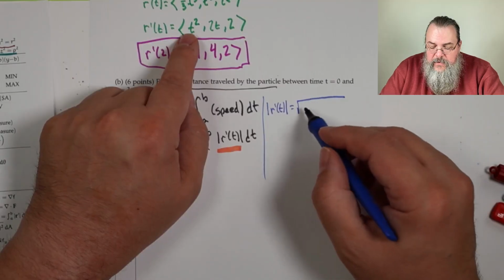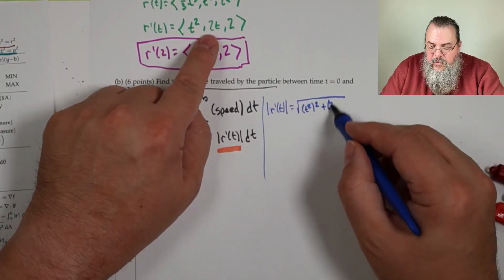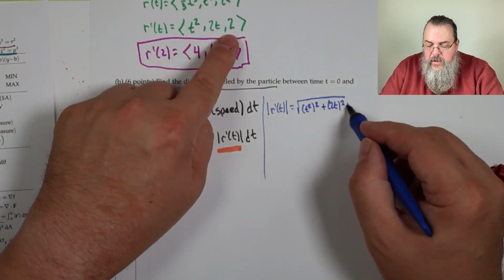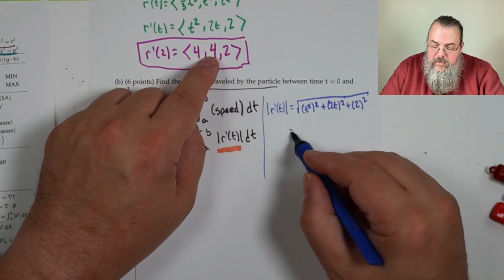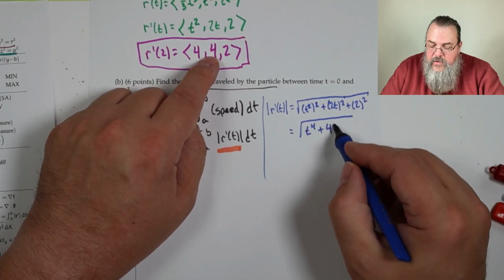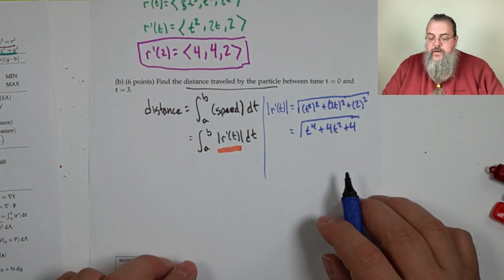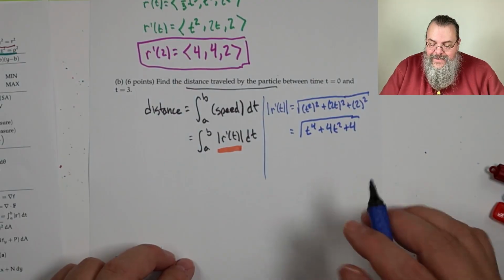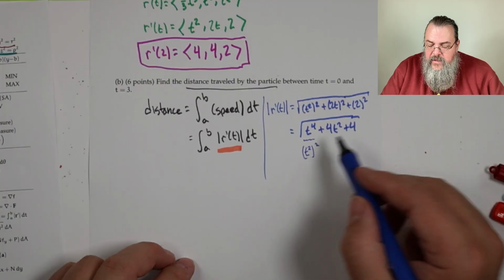So square root of, we square the first entry, plus square the second entry, plus square the last entry. Okay, so that's going to be the square root of t to the fourth plus 4t squared plus 4. And that looks very promising, right? This looks like it should be our t squared, squared.